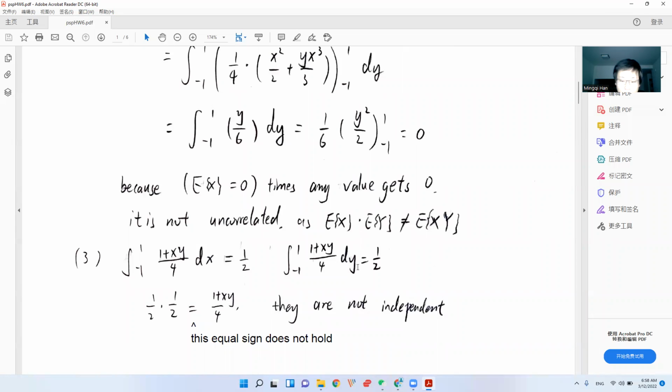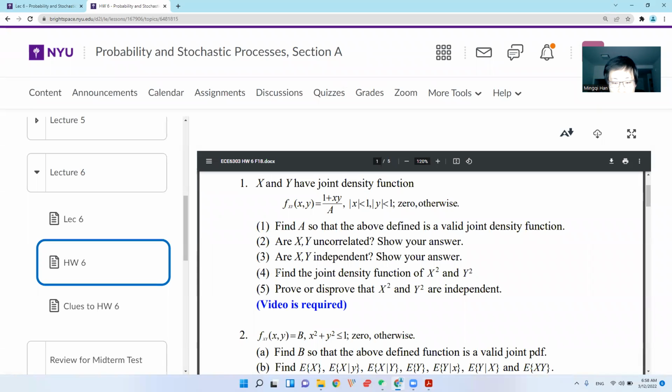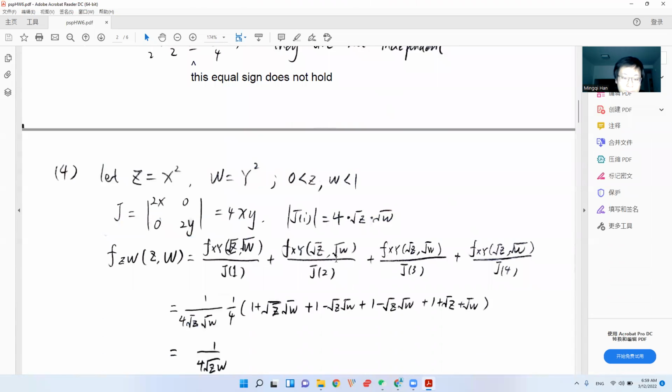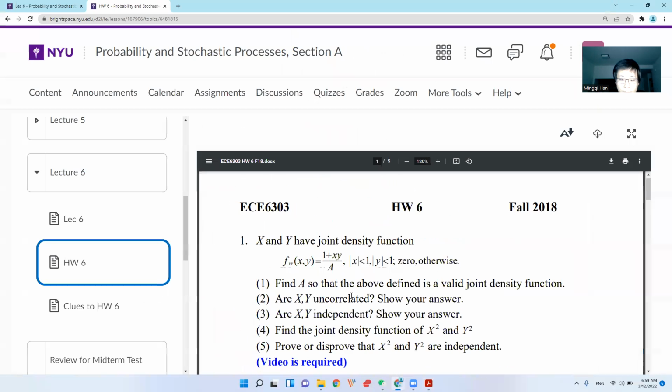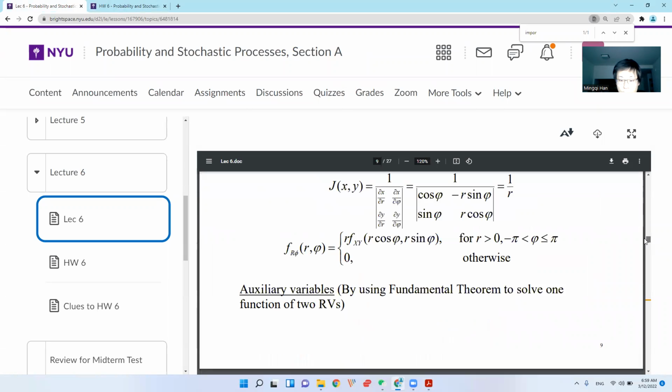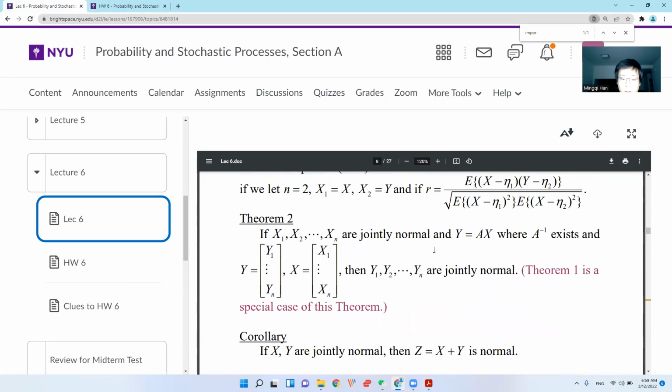For part 4, we are to find the joint density function of x squared and y squared. In this case, we can use this rule given in class.